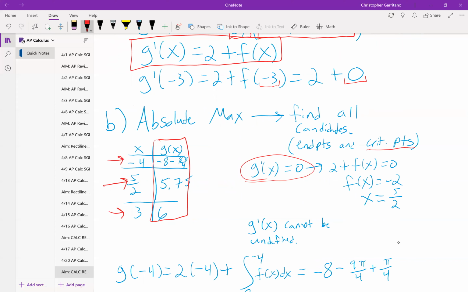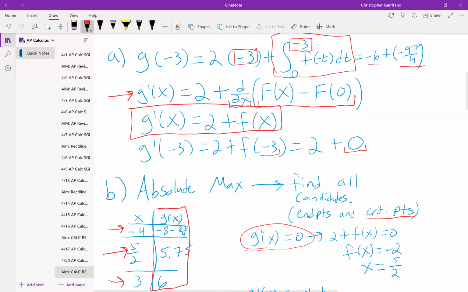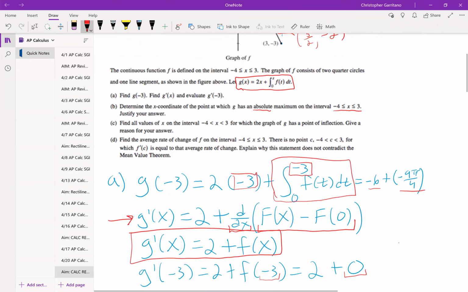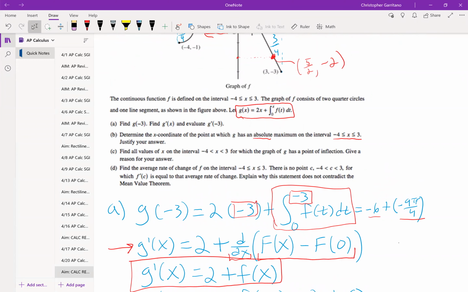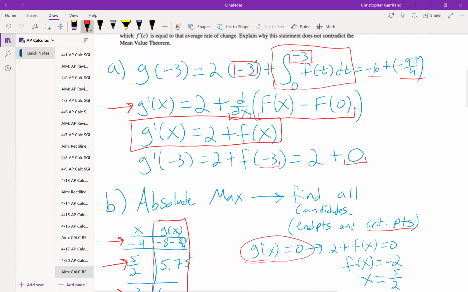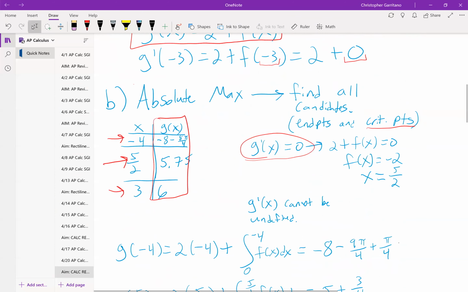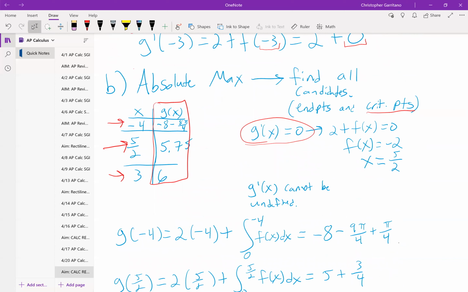And g prime cannot be undefined. If you look at g prime, that's going to be defined at all values of x. F of x, we're already told, is differentiable and continuous, which means that f of x is defined at all values from -4 to 3. So g prime of x cannot be undefined.